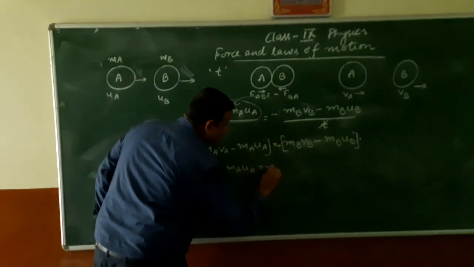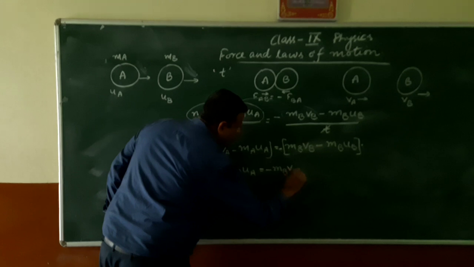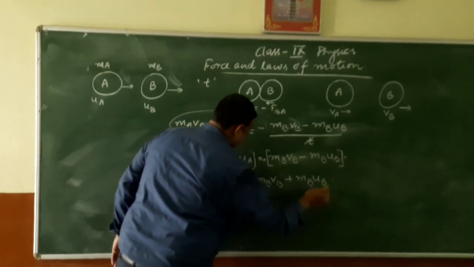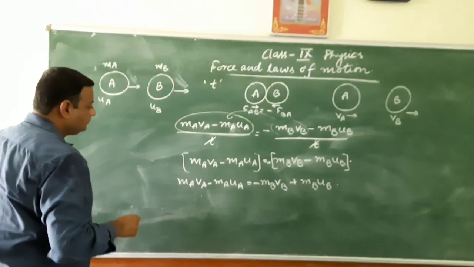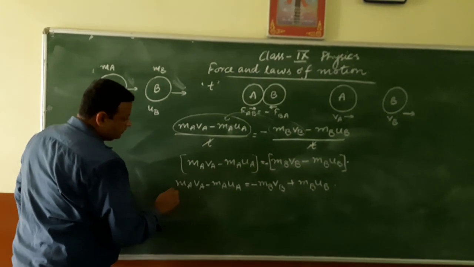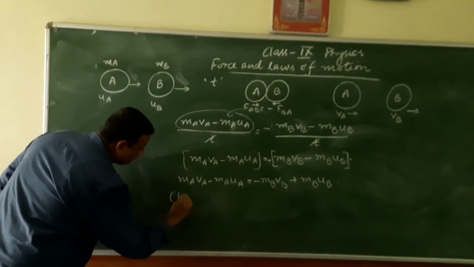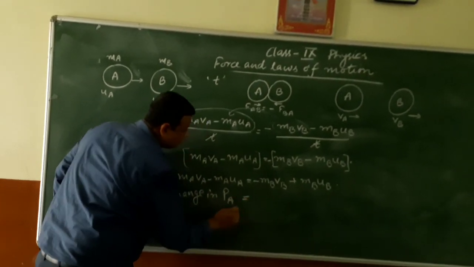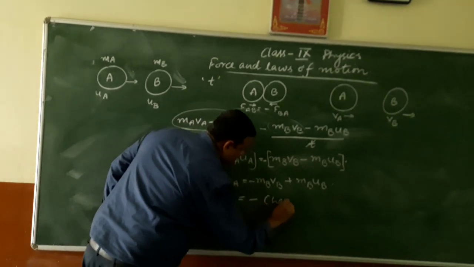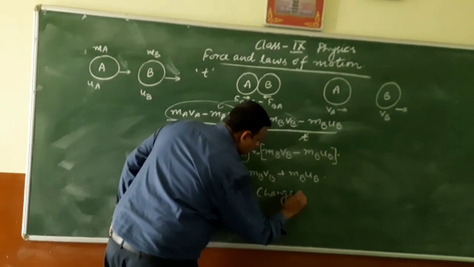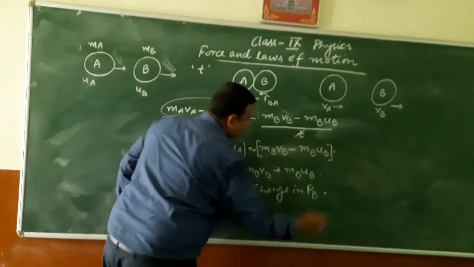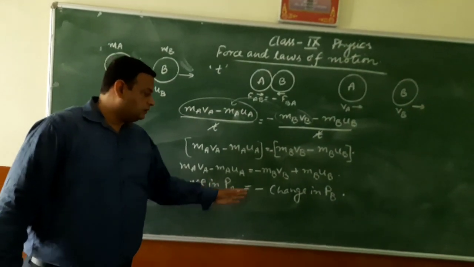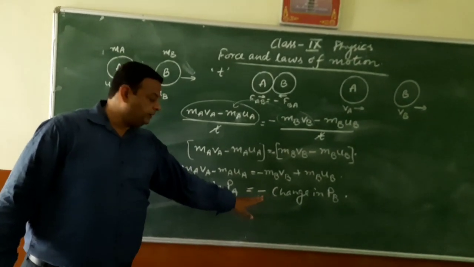This is the minus sign. So finally we can say the change in momentum of ball A is equal to change in momentum of ball B with negative sign.